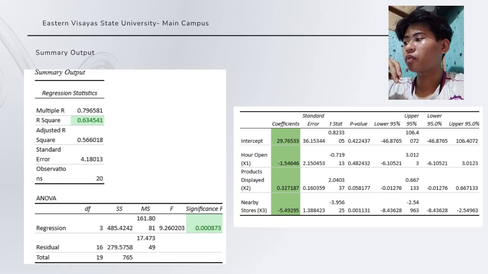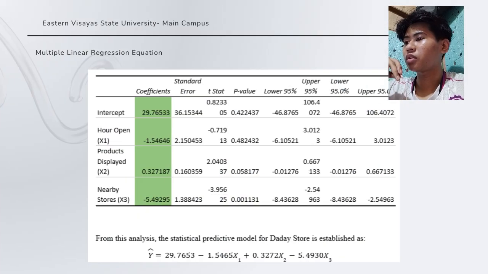And for our next slide, the constructed multiple linear regression, I just got it using the summary output.